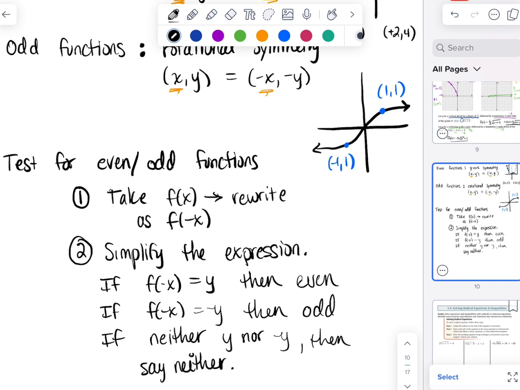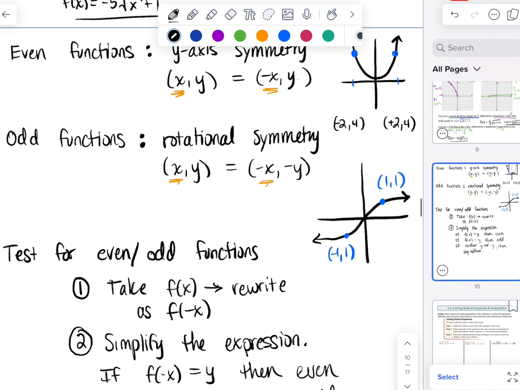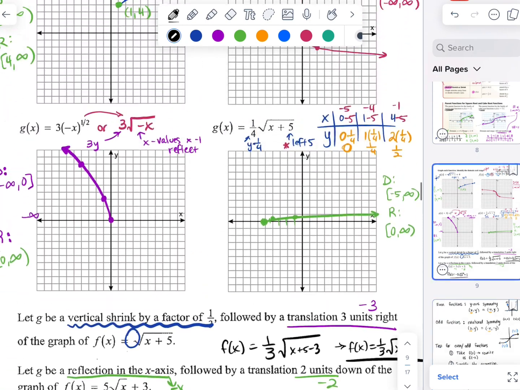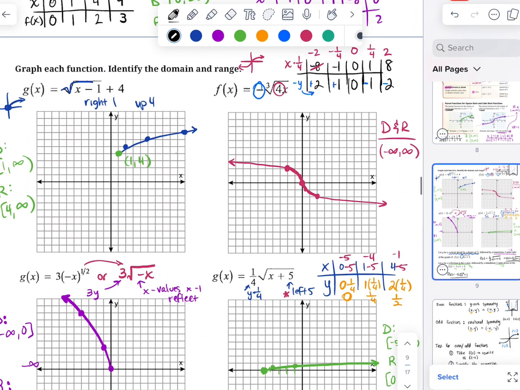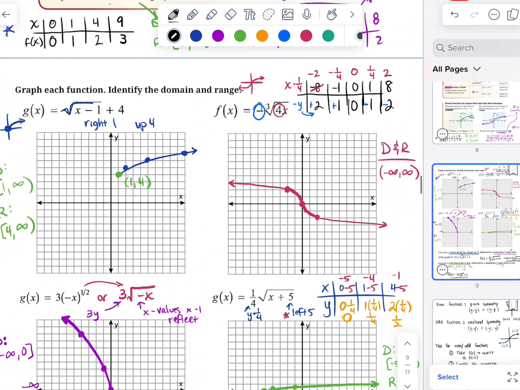All right. And we can also do this visually, right? What I just showed you with a graph, you can also do that test visually. So that's one of the reasons why we just did our little graphing test. For example, this function right here is odd because we have a point at -2, 2, and we have a point at 2, -2.